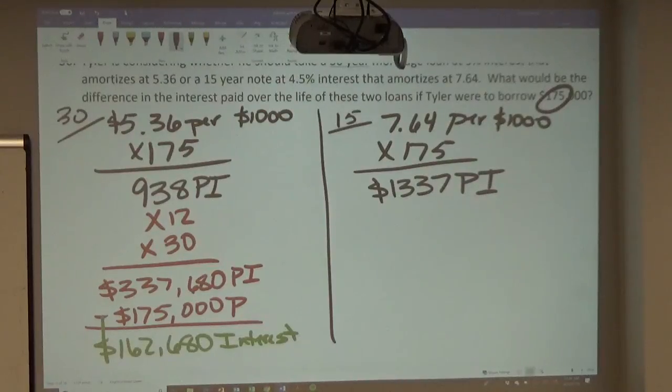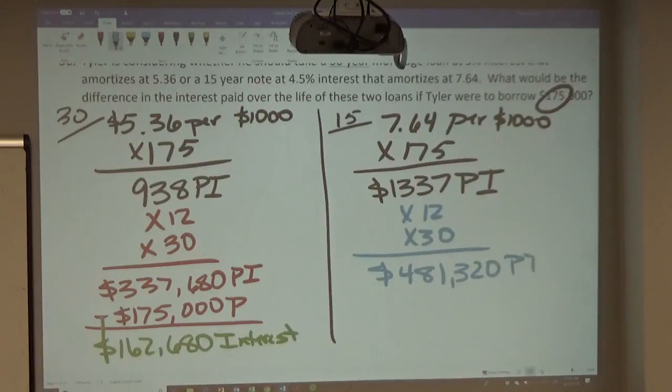And we're going to multiply that times 12 months a year times 30 years. In this case, times 12 months a year times 30 years. And that equals total principal and interest of $481,320. And of course, we know we borrowed $175,000 of that.